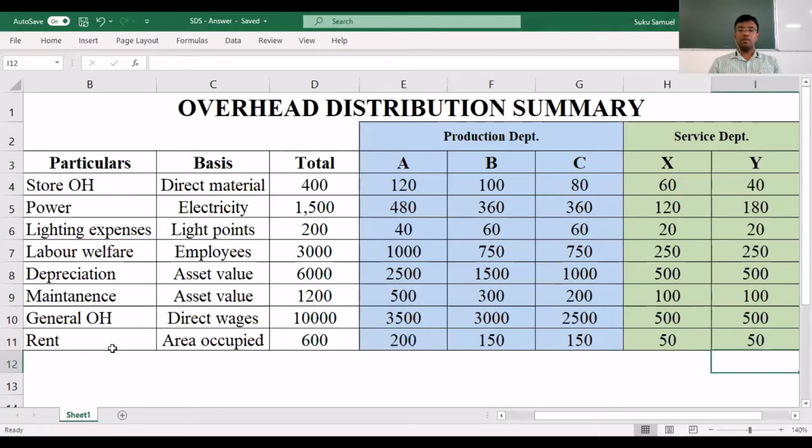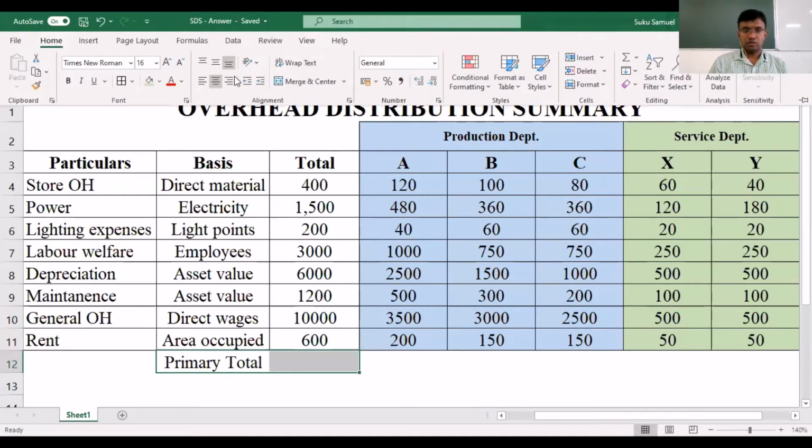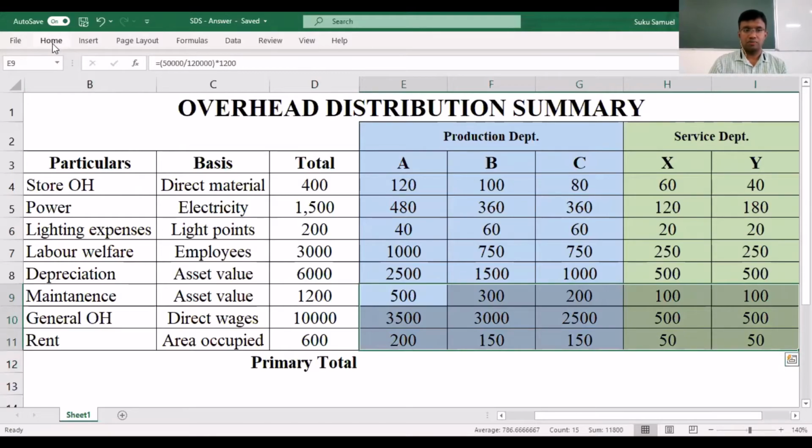So with that, we have completed the preparation of the primary distribution summary. Let us quickly calculate the total, because please remember it is not over as yet. We still have to redistribute the service departments' overhead to the production departments. So our question is not completed as yet.